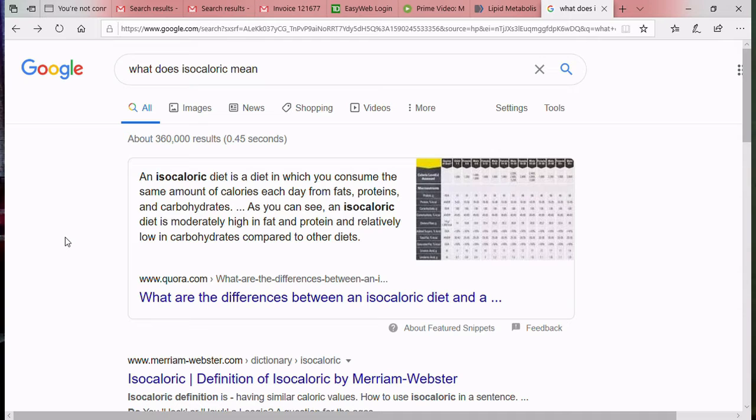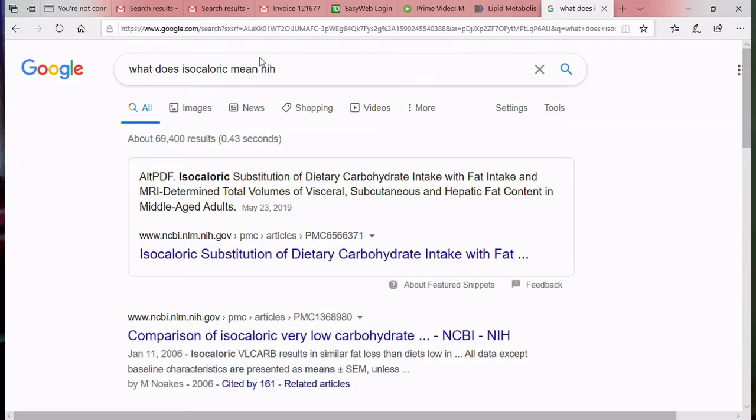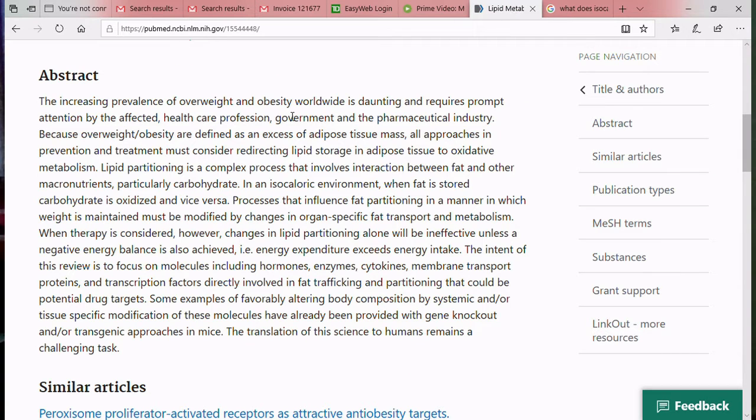As you can see, an isocaloric diet is moderately high in fat and protein and relatively low in carbohydrates compared to other diets. I don't know that it means anything to me, but I like the fact that I put NIH at the end. Isocaloric substitution of dietary carbohydrate intake with fat intake determine total volumes of visceral, subcutaneous, and hepatic fat content in middle-aged adults. This looks like something I would do another video on, so I'm going to keep that tab open.